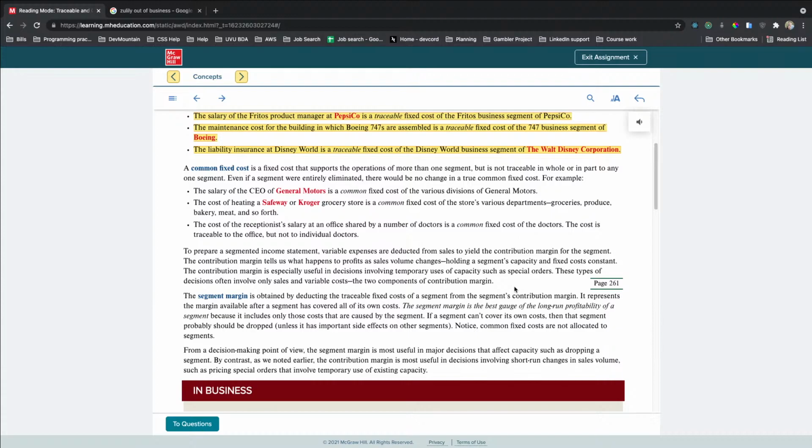What about segment margin? Oh, that's coming up. To prepare a segmented income statement, variable expenses are deducted from sales. I'm going to write that down. Prepare segmented income statement.